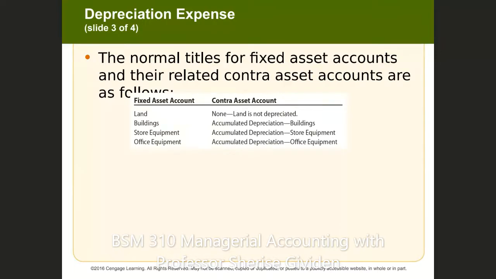But you do have contra asset accounts for buildings, store equipment, office equipment, because they do have depreciation. Land does not have depreciation. So this is normally your durables, things that normally will last a long time, but will depreciate less.